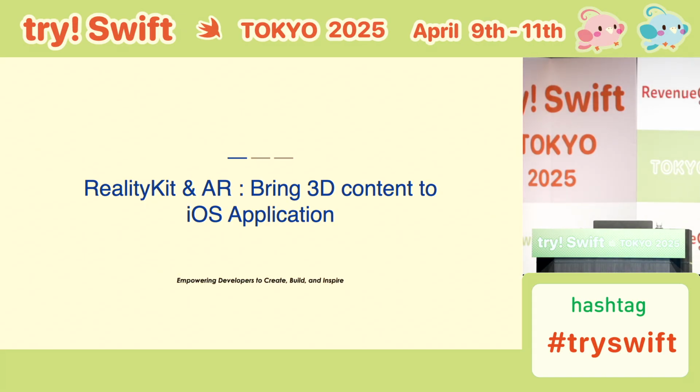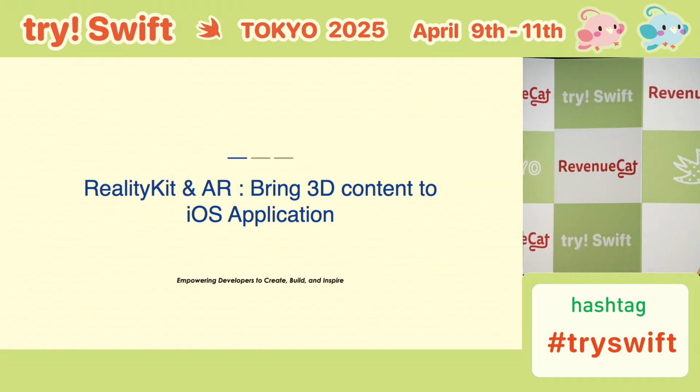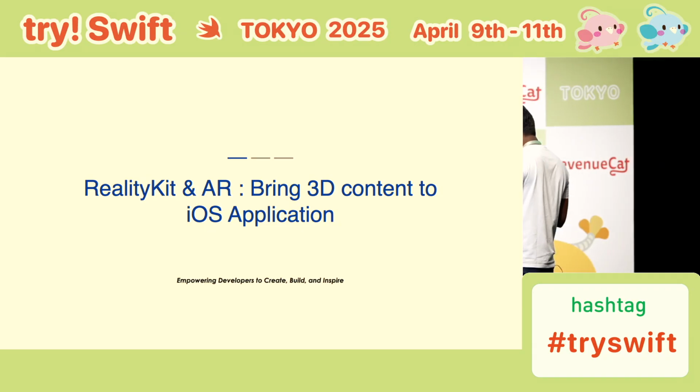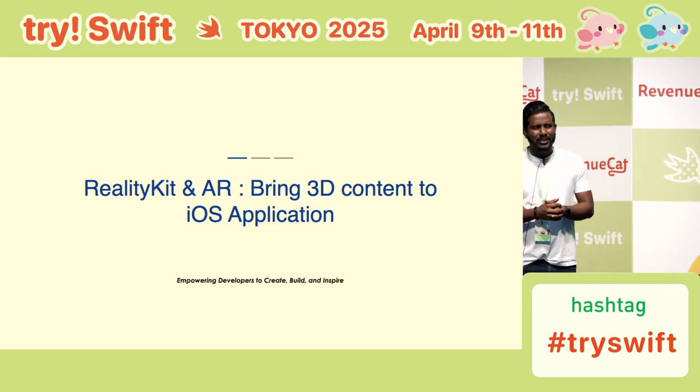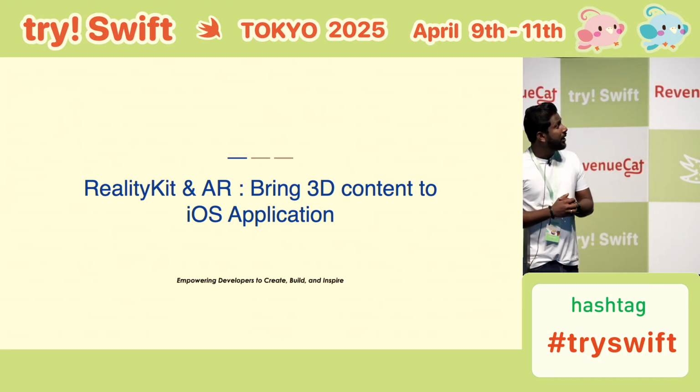My topic is basically bringing 3D content to your iOS applications. If you attended the morning sessions, the Mikila sessions and also the Rio sessions, you may have heard a lot of terms about creating 3D content and bringing those things into Vision OS, especially using the tabletop API, and also creating 3D content using AI models.